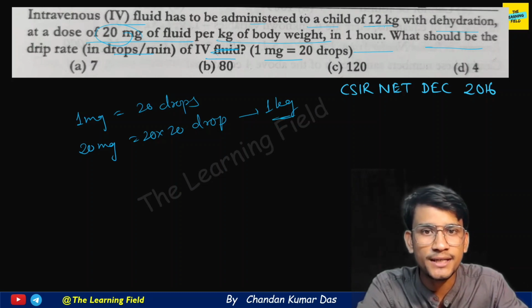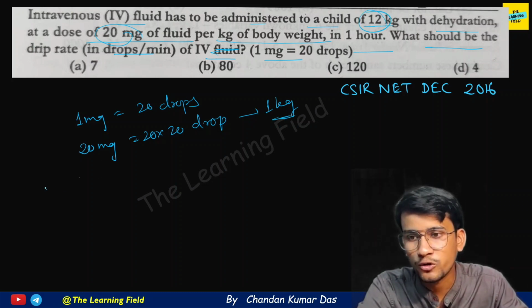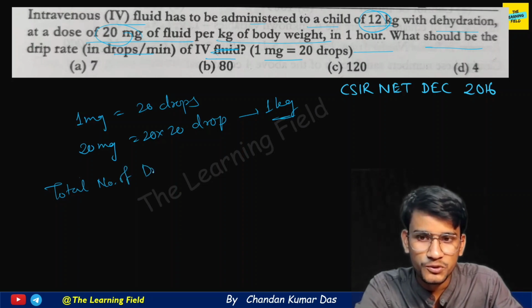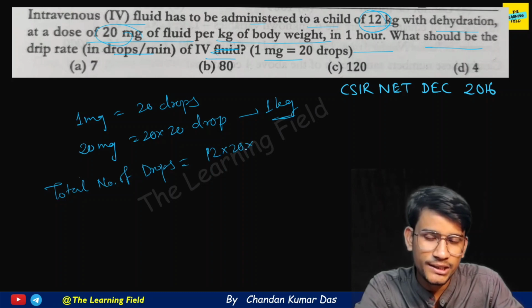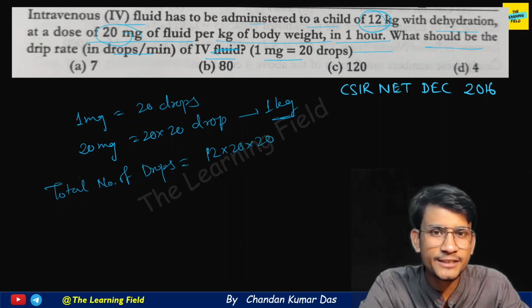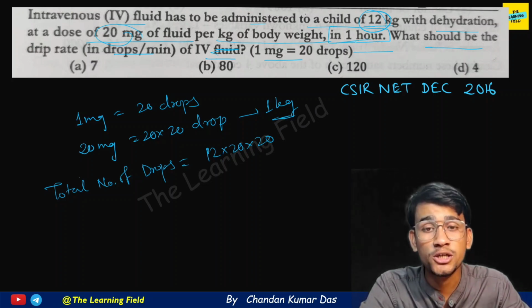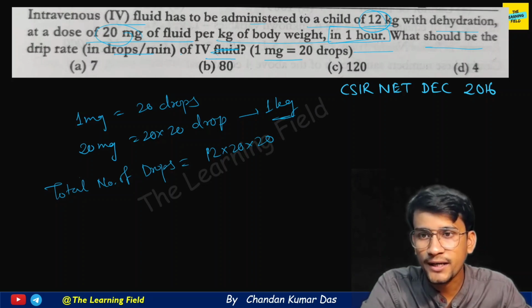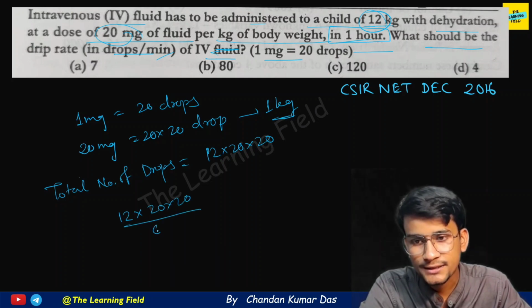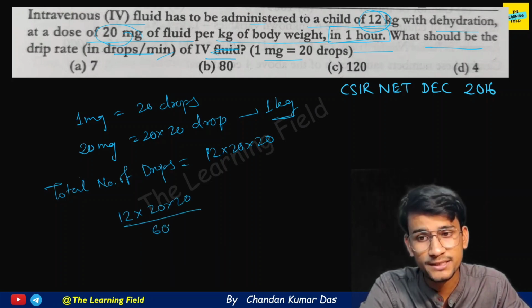Now the weight of the child is 12 kg. Therefore the total number of drops is 12 into 20 into 20, and it is provided to the body of the child in 1 hour, and we have to find drops per minute. So we just divide this 12 into 20 into 20 by 60, because 1 hour means 60 minutes.